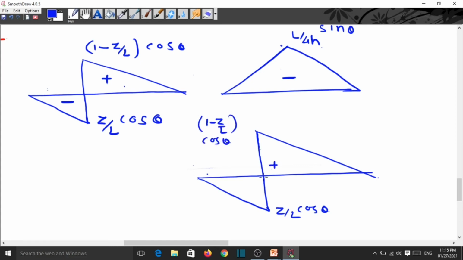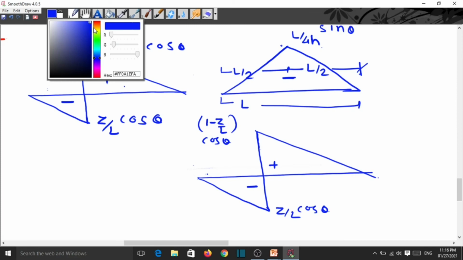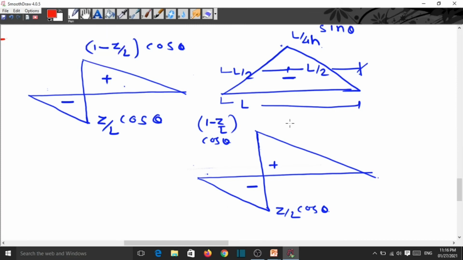This quantity is plus and this is the minus. So superimpose this quantity over here as it is. See, this distance is the L. This is the L by 2. This again is the L by 2. So suppose this is somewhere here, the center. So draw this quantity like this.